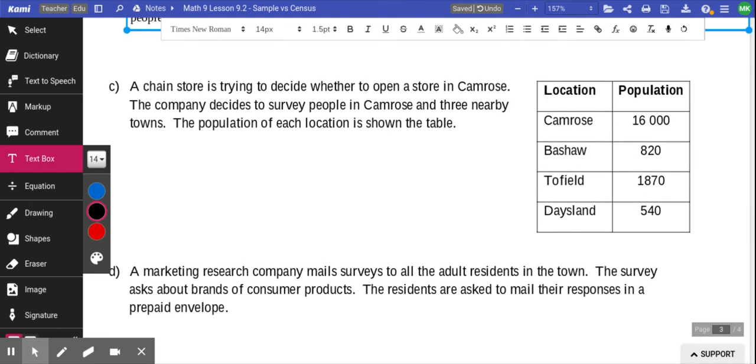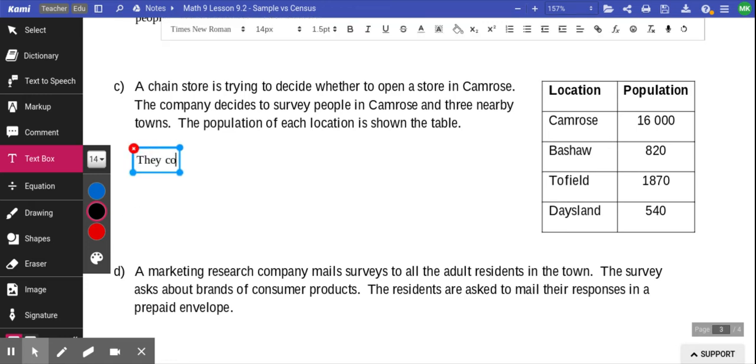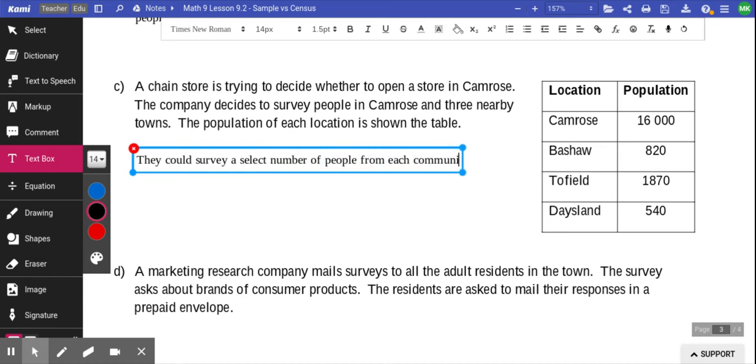C, a chain store is trying to decide whether to open a store in Camrose. The company decides to survey people in Camrose and 3 nearby towns. The population of each location is shown. What they could do for this one is survey a select number of people from each community.